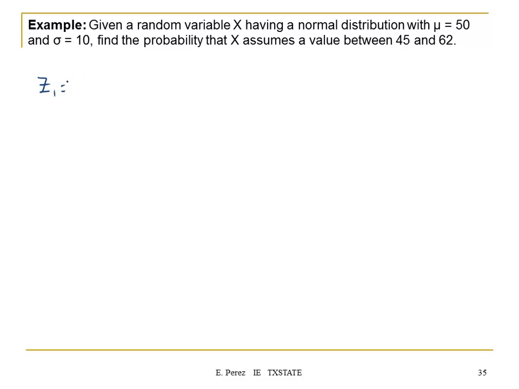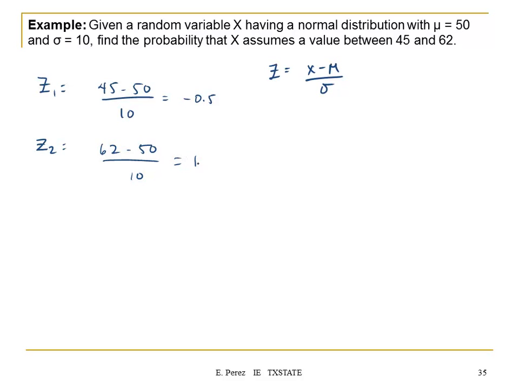So z1 is 45 minus 50 divided by 10. So remember, this transformation is the following: x minus mu divided by the standard deviation. So this equals negative 0.5. Z2 equals 62 minus 50 divided by 10. So this is 1.2.